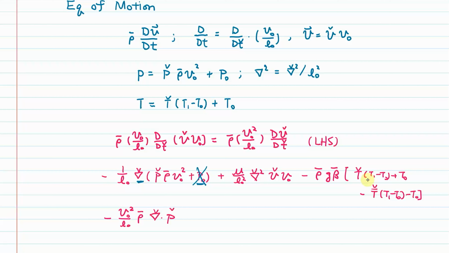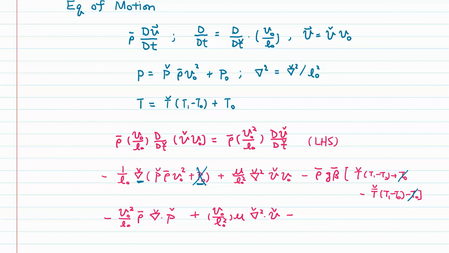Okay, and the second term we also have V naught over L naught square times viscosity times the dimensionless Laplacian operator of the dimensionless velocity. And finally, the T naught cancels out here.